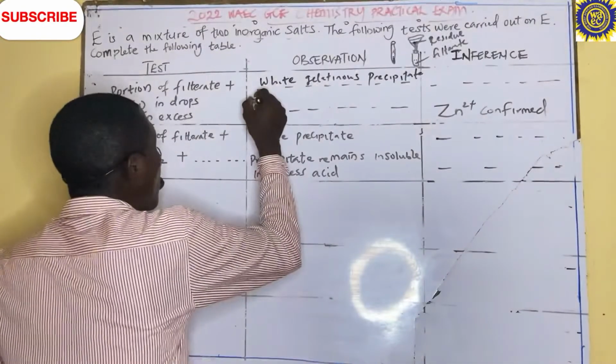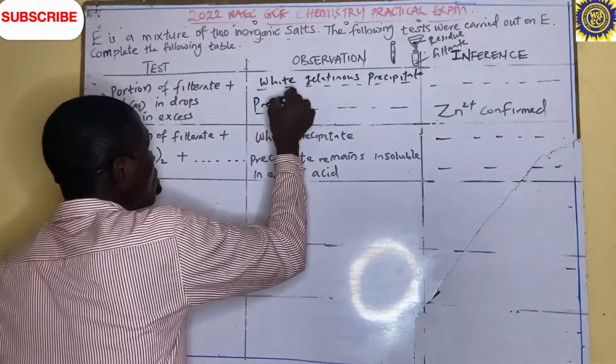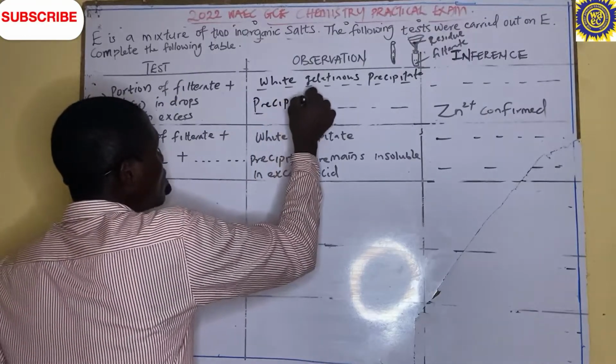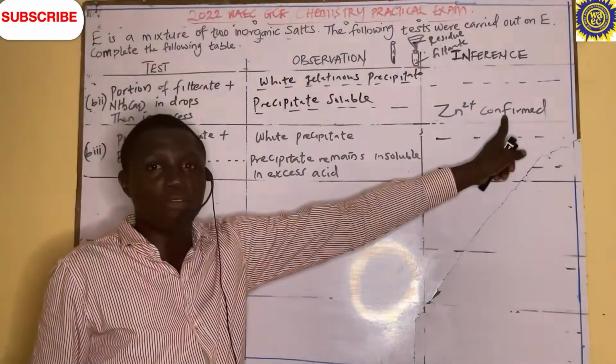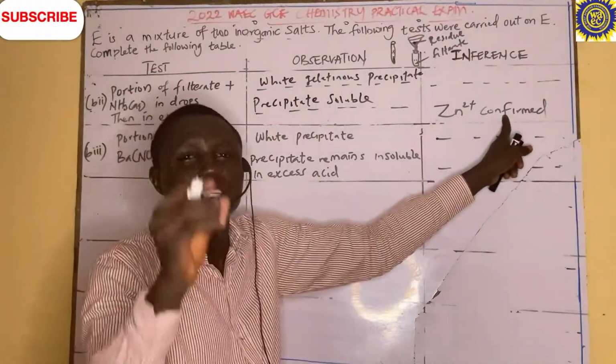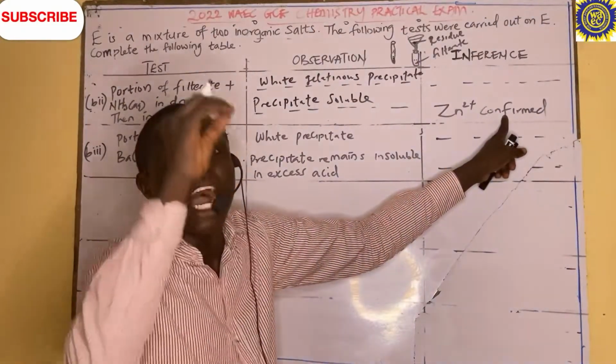So the white precipitate dissolves; you can say precipitate soluble.